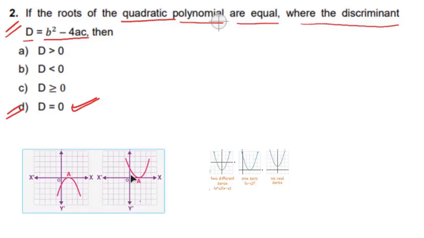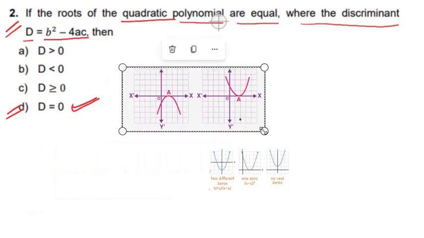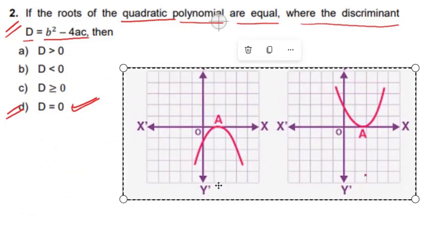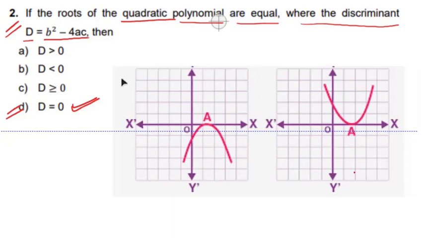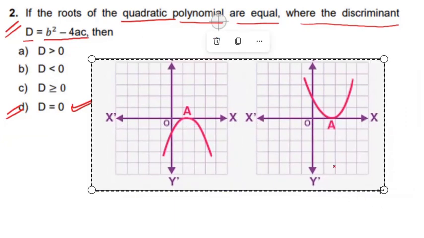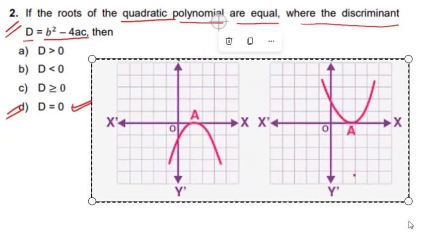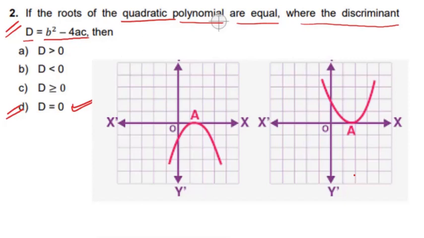Here you can see the image. This image shows both the roots of the polynomial are equal. One root is here, one root is this, both the roots are here and they are the same.